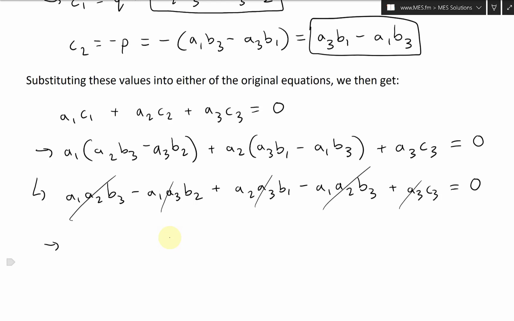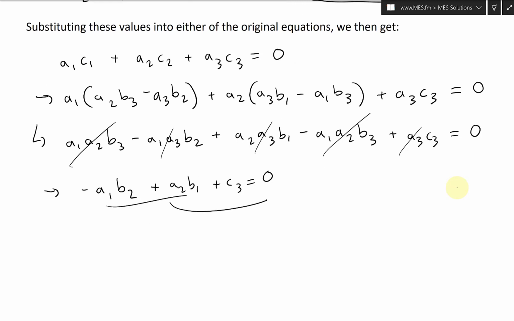So what we get now is minus A1, B2 plus A2, B1, and then plus C3 equals 0.